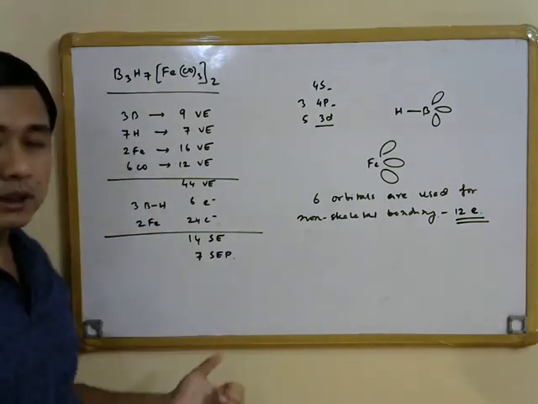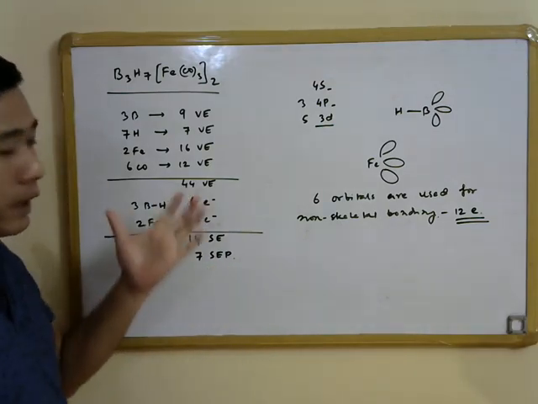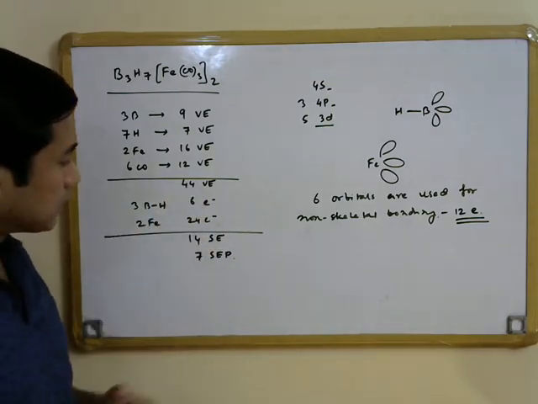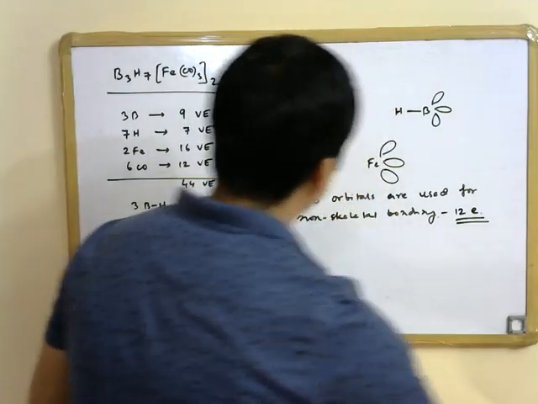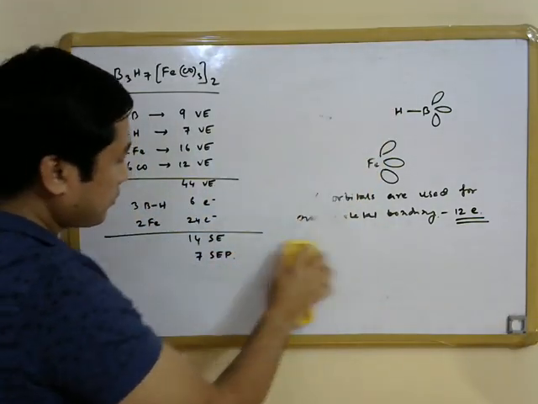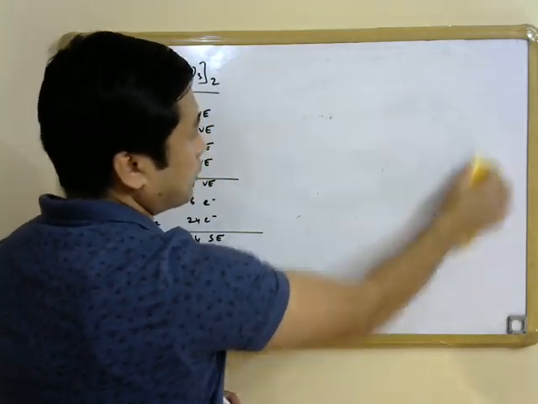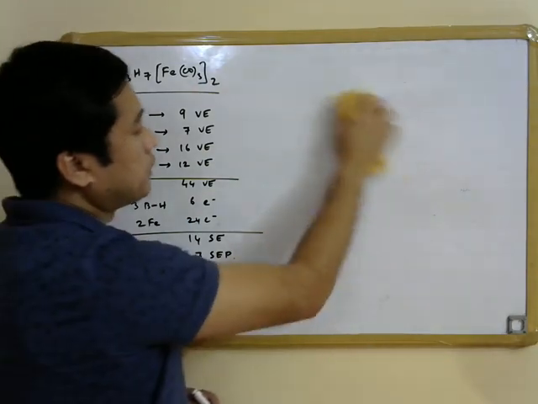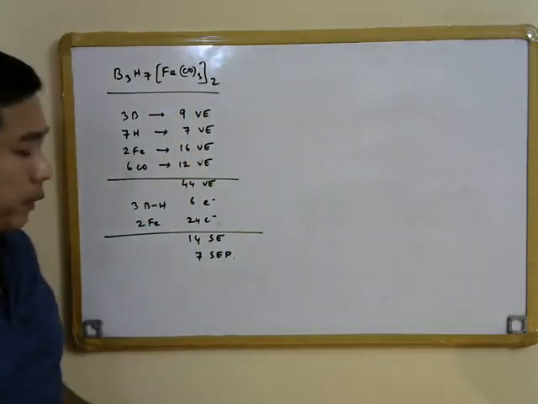So in this particular cluster, the skeleton is essentially formed by 14 skeletal electrons, which translates into 7 skeletal electron pairs. The polyhedron that is going to be formed from these 7 skeletal electron pairs, we know, is going to be an octahedron, because by using Wade's rule we know that for formation of a polyhedron with n vertices, n plus 1 skeletal electron pairs are required.